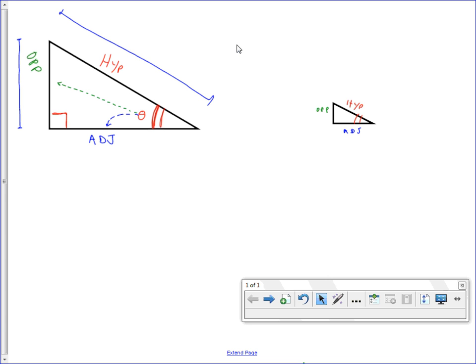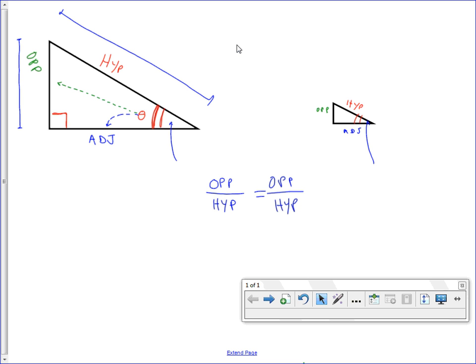But if we took the length of the opposite divided by the length of the hypotenuse, it would be the same thing as if we looked at the length of the opposite and divided by the length of the hypotenuse here. These two things would be equal. And that's because that angle and that angle are the same thing. The same thing goes for other ratios.